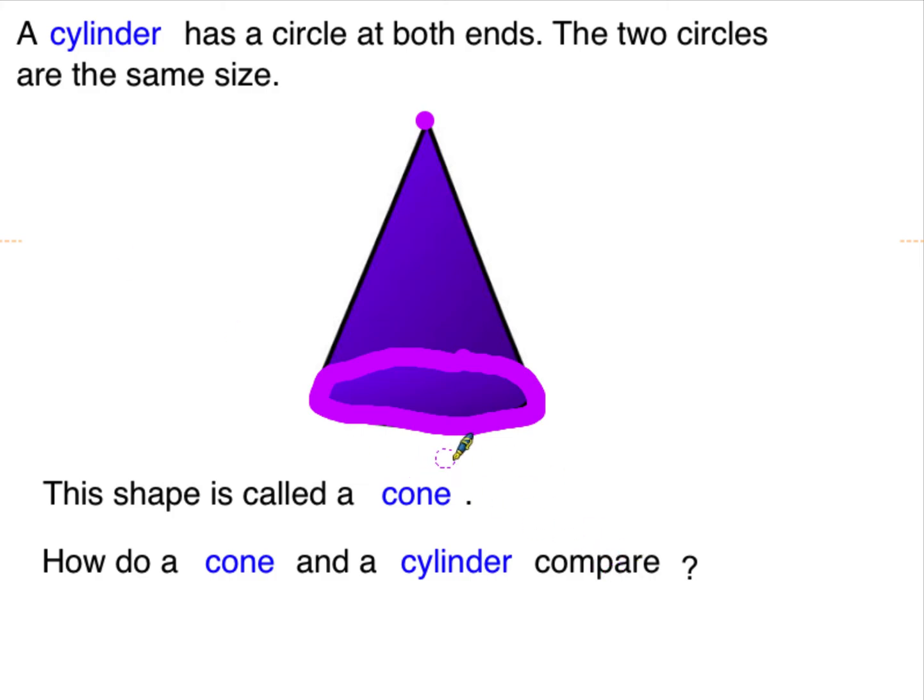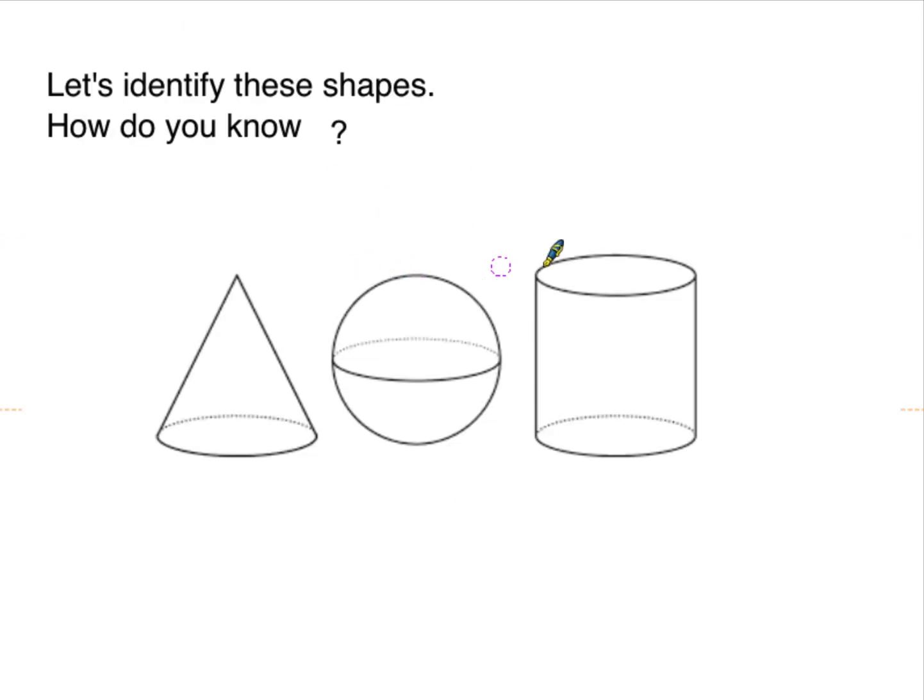They're the same because they both have at least one circle end, but a cone has a point at the end and a cylinder has a circle at the other end. So this is a cone, this is a sphere, this is a cylinder. Cone, sphere, cylinder.